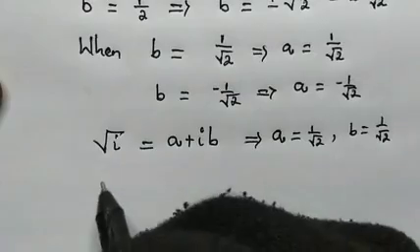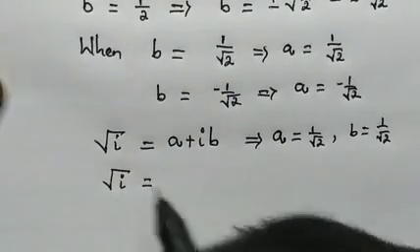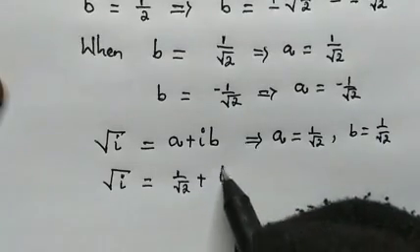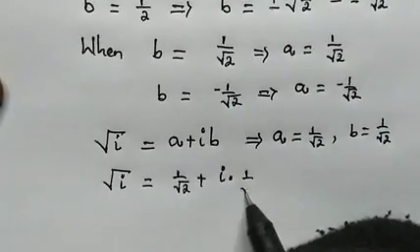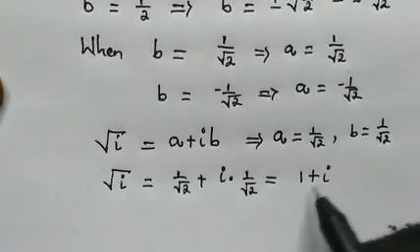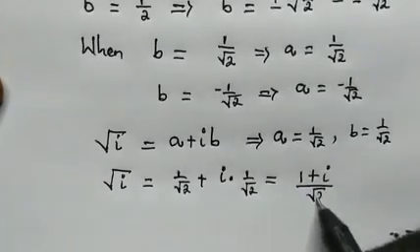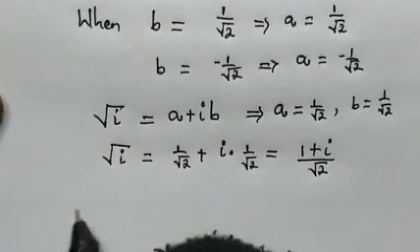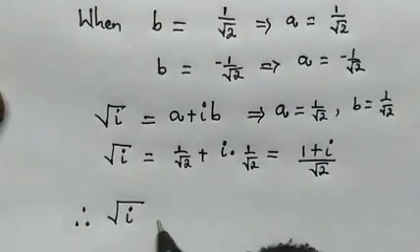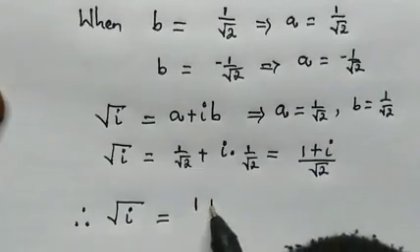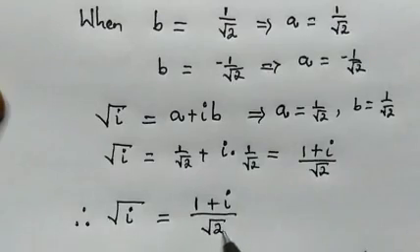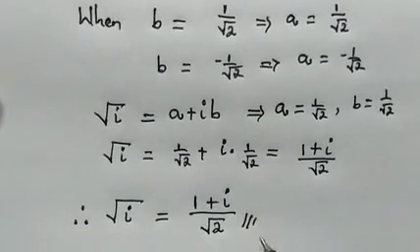So the square root of iota is equal to 1 over root 2 plus iota times 1 over root 2, which is equal to 1 plus iota divided by root 2. So therefore, we come to the end of today's video: the square root of iota is equal to 1 plus iota divided by the square root of 2. And this is the correct answer.